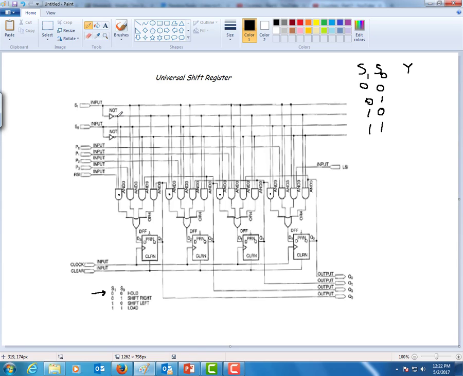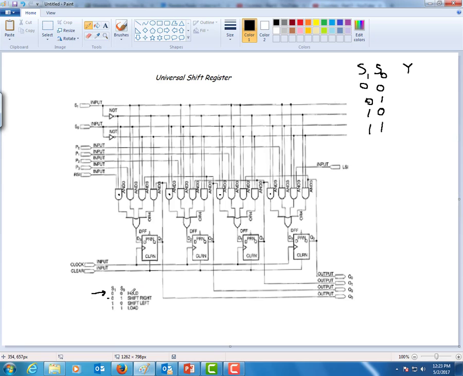Here they are, right? They terminate here. So in this case, for this one on the left, S1 has to be low, and S0 has to be high. It's this case right here, isn't it?